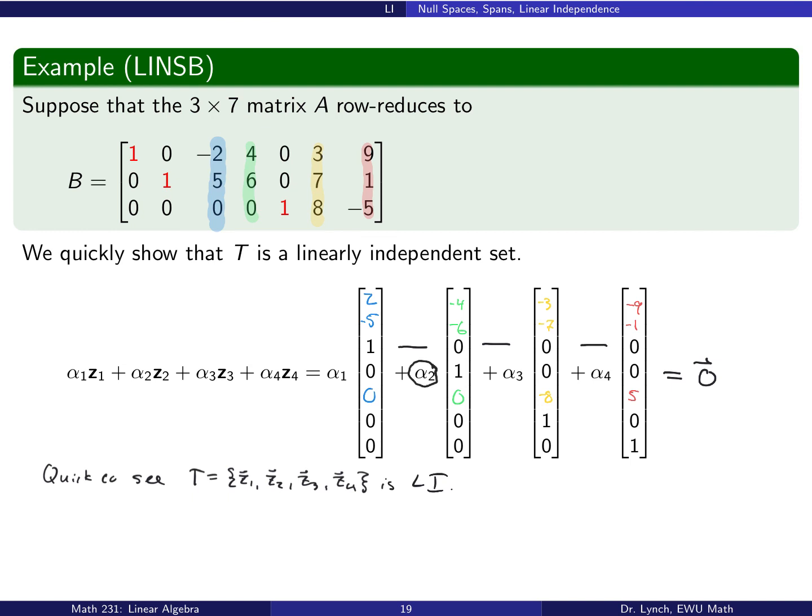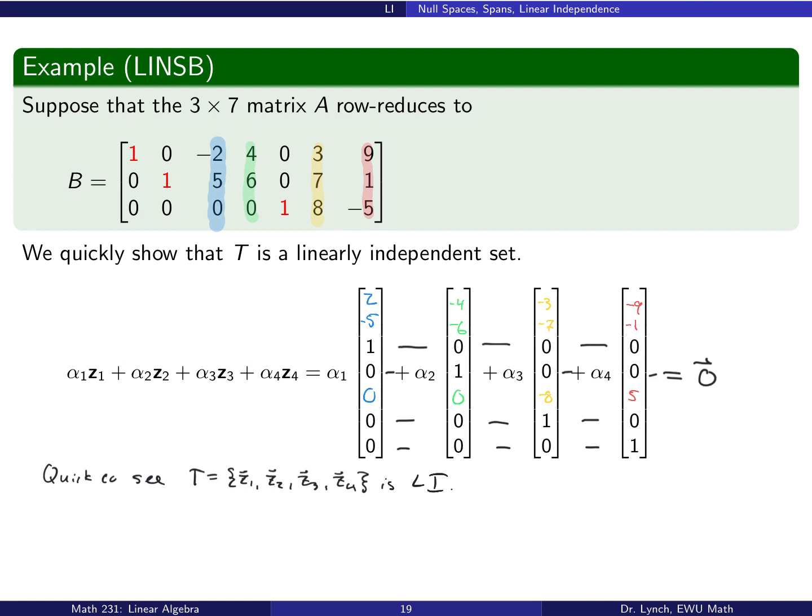That's the only way to get a 0 element for the fourth element. Similarly, alpha 3 has to be 0. That's the only way to get a 0 element here. And similarly, alpha 4 has to be 0. So the only relation of linear dependence is trivial. Therefore, we see that the set T is linearly independent.